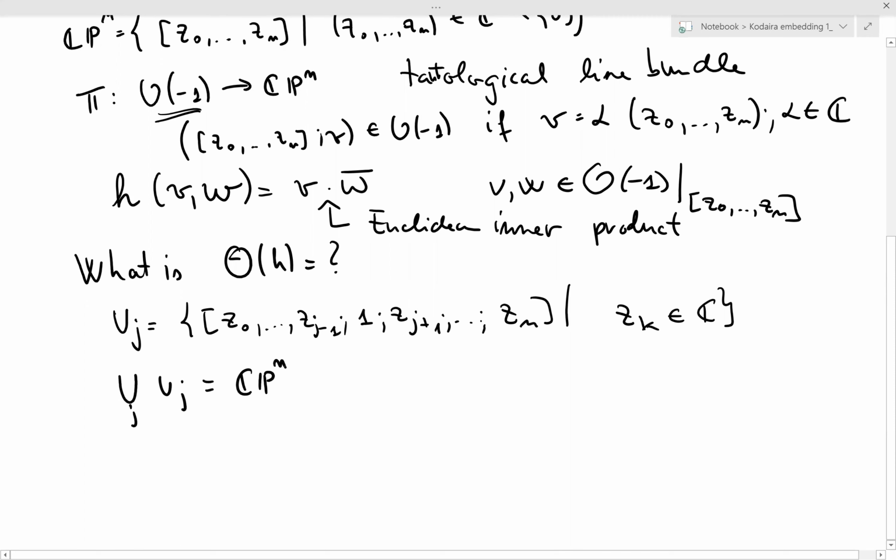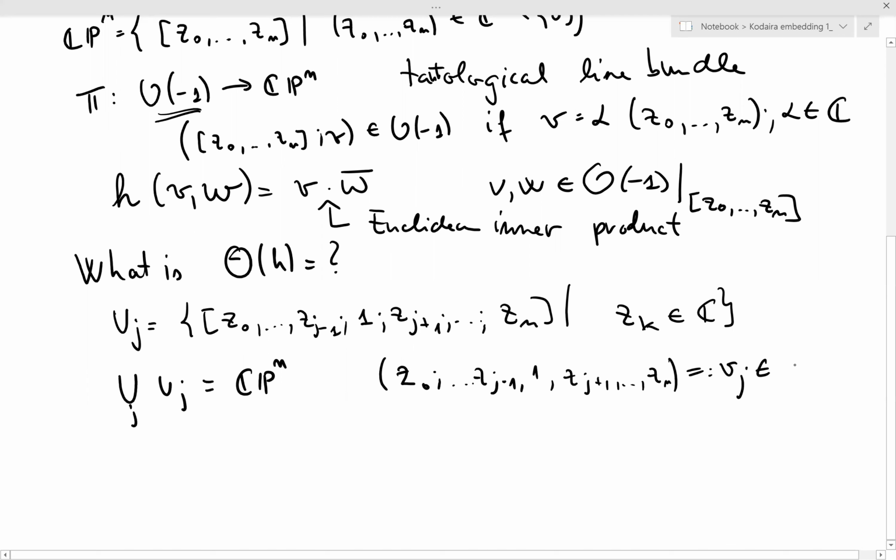And what's great is that on top of these U_j's there's a natural trivialization of the tautological line bundle, namely these vectors, let's call them V_j.